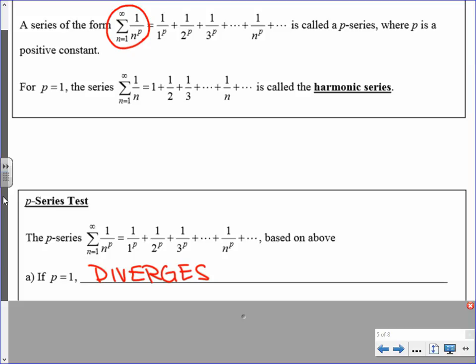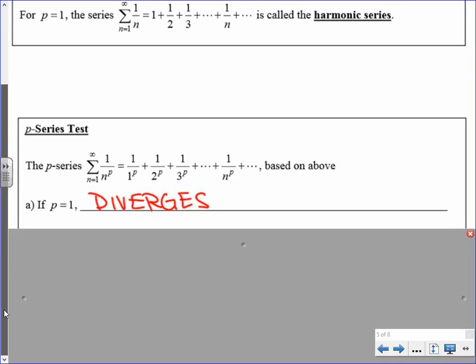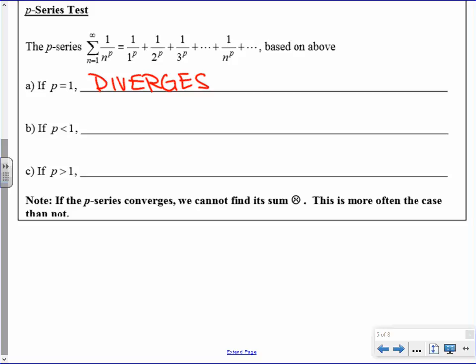Now, we went through a P series where P was 3, and we talked about 4, 5, 6, 7, 8, all would go very similarly, right? So if P is greater than 1, we're going to converge.